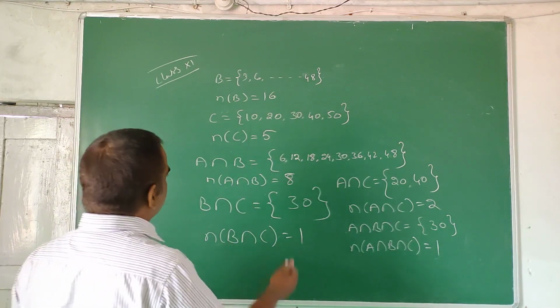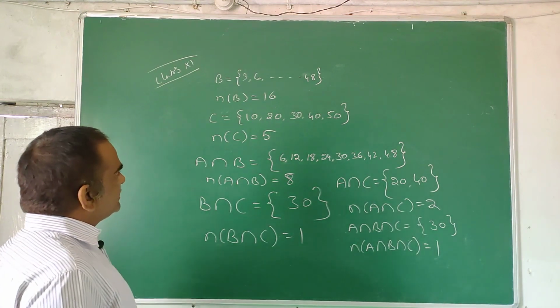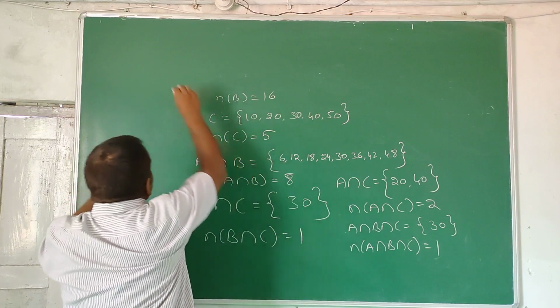So you could find n(A), n(B), n(C), all of them. Now you have to go for the formula.